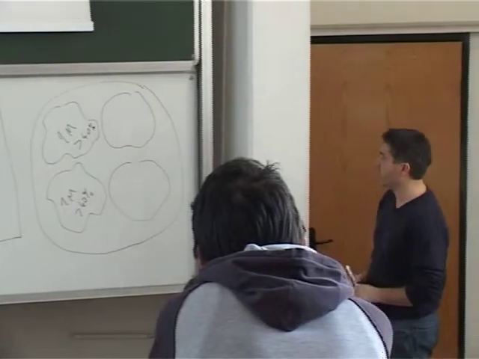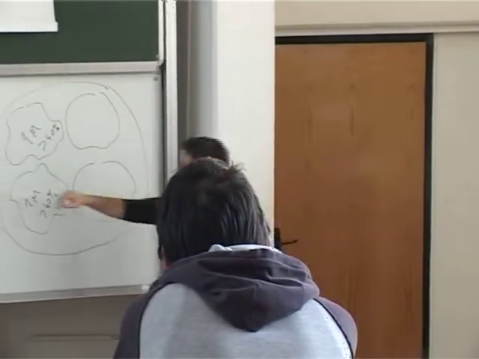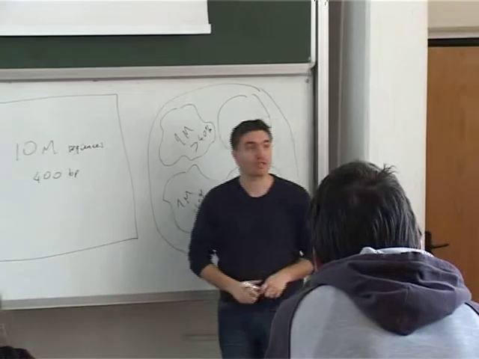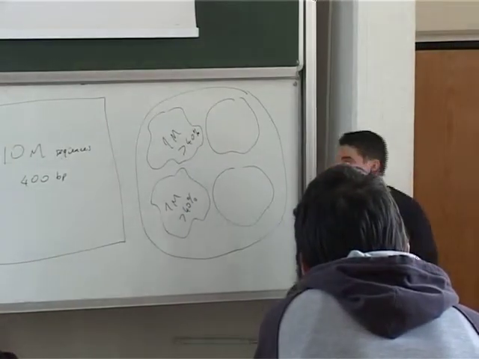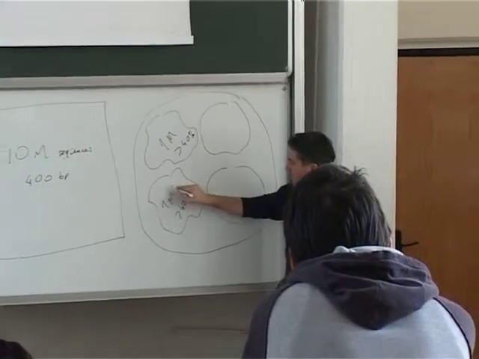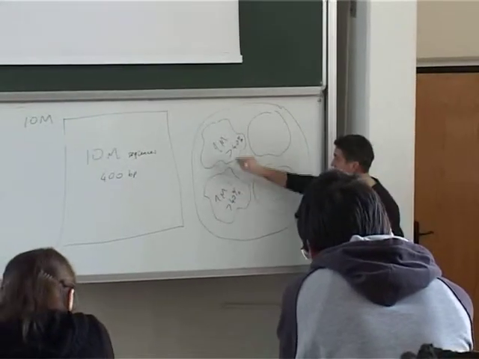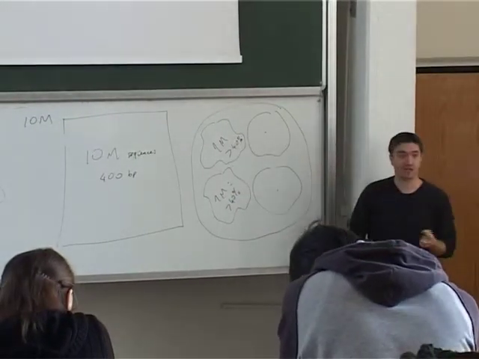What we can do is, instead of comparing our sequence to these 10 million sequences one by one, we can compare our sequence to one representative sequence from each of these 4 clusters.